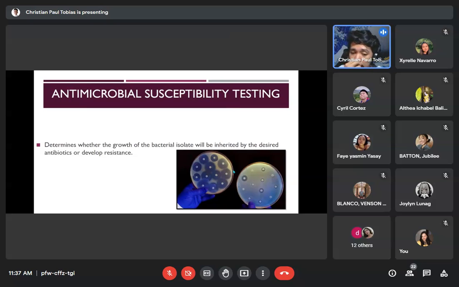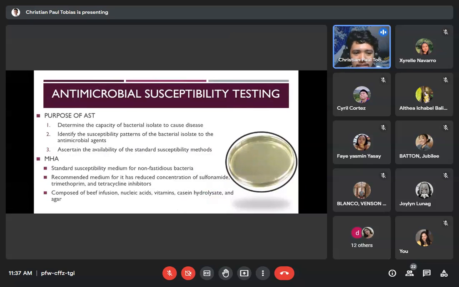Depending on the measurement, you use a vernier caliper or a ruler to measure the zone of inhibition, from this point to this point. That is the zone of inhibition. So, the purpose of AST: this is an AST plate, an uninoculated MHA plate, Mueller-Hinton agar. It determines the capacity of a bacterial isolate to cause disease, identifies the susceptibility patterns of the isolate to antimicrobial agents, and ascertains the availability of standard susceptibility methods.